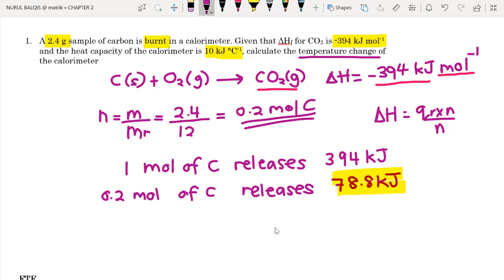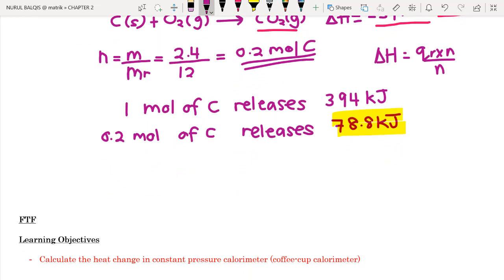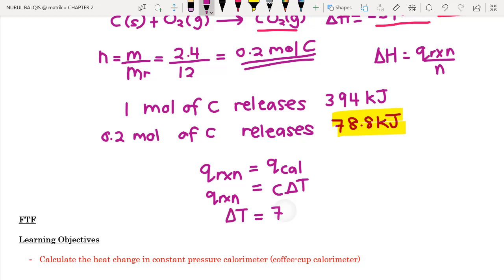We're going to calculate it by Q reaction is equal to Q calorimeter, where our Q calorimeter is C delta T. We have the value of Q, we have the value of C, and now we want to calculate the delta T. So our delta T is 78.8 kilojoule divided by 10 kilojoule per degree Celsius.